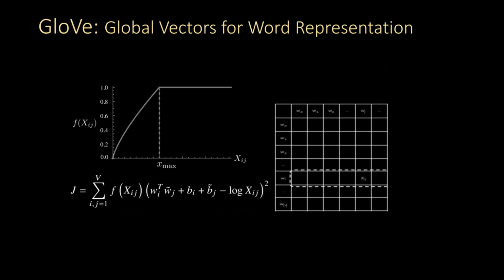Specifically, they stochastically sample from the non-zero elements in the co-occurrence matrix X. They utilize a simple least squares regression method that's weighted by this function f. This weighting function f has a few constraints, and they came up with the function using those constraints.